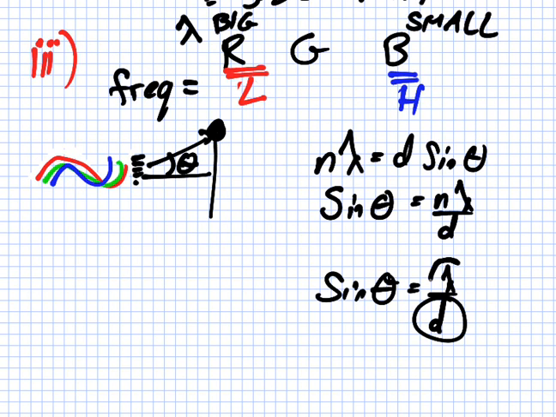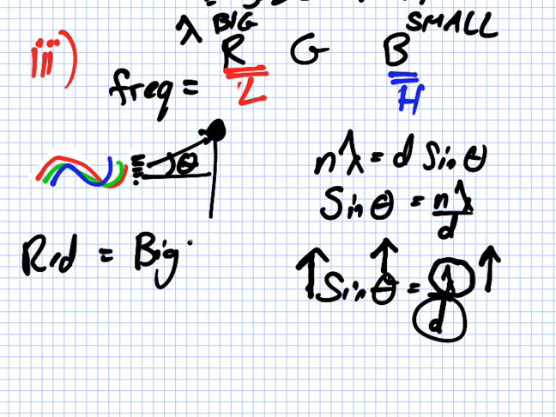But what happens if I make the wavelength bigger? What happens to sine theta? It gets bigger, so theta gets bigger. As you increase the wavelength, we get a bigger angle. Red has the smallest frequency but the biggest lambda, so the angle is big.